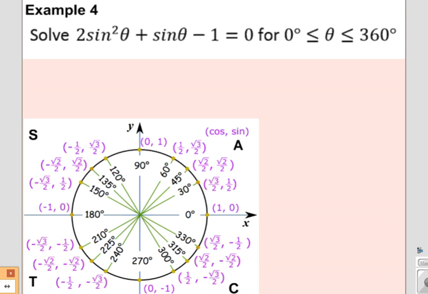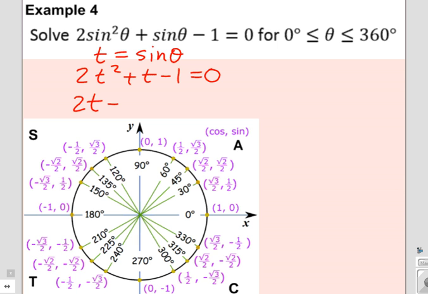Our final equation looks much more complicated. It's a quadratic. If you look at it closely, if I use t instead of sine theta, what I have is 2t squared plus t minus 1 equals 0. Now that factorizes to 2t minus 1 times t plus 1 equals 0.